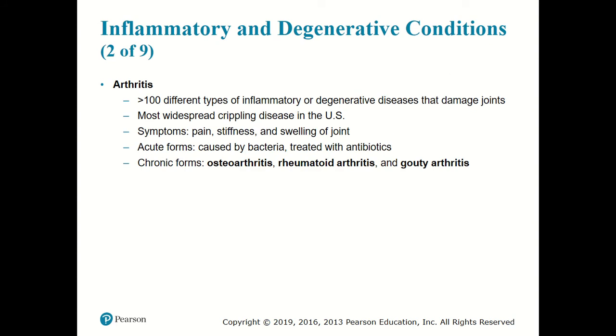So let's talk about arthritis, right? Arthritis is one of the biggest types of conditions that we see in joints. And believe it or not, there are at least 100 or more different types of arthritis, right?